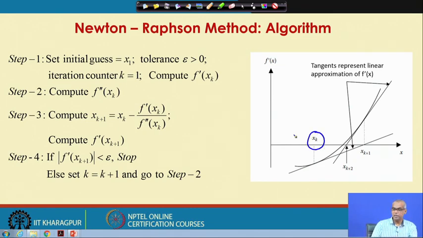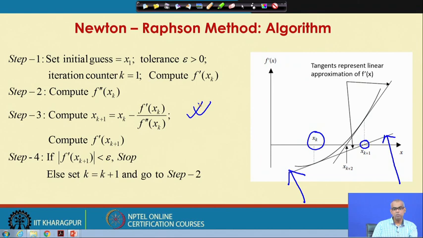So, I have the current estimate as x k. So, this is the tangent to the function f prime x at point x k. So, this is the linear approximation. This crosses x equal to 0 at this point. This point is x k plus 1, which will be obtained as x k plus 1 equal to x k minus f prime x k divided by f double prime x k.